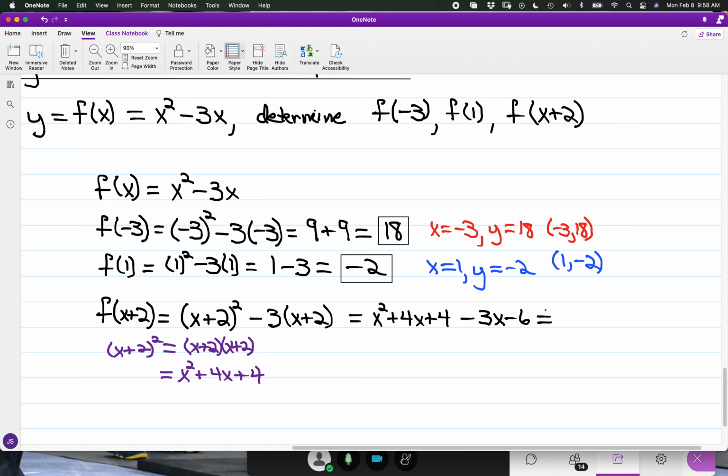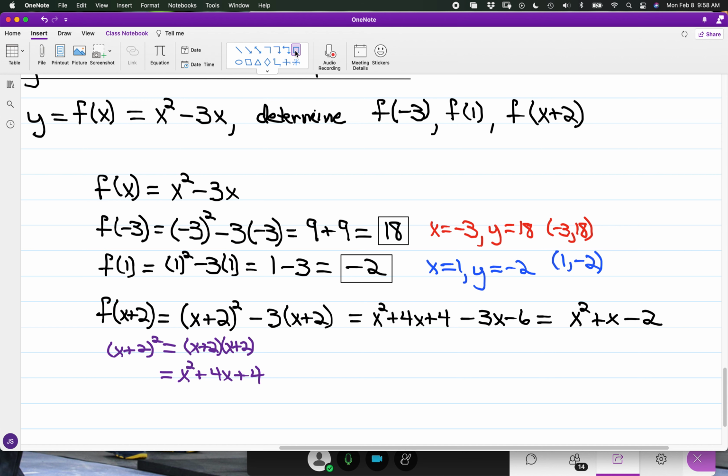And so for what we will have here, we have the output to end up as x squared. We have 4x minus 3x, which leaves us with x, and 4 minus 6 becomes negative 2. So in this end result, we have x squared plus x minus 2.